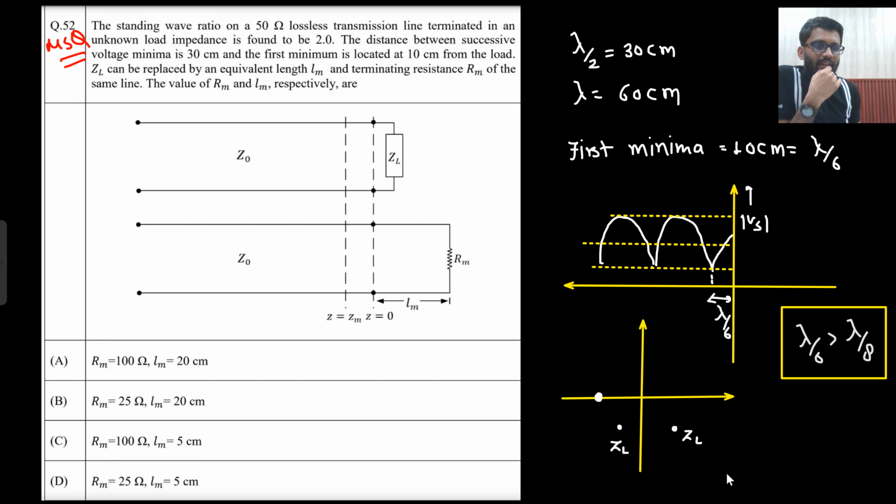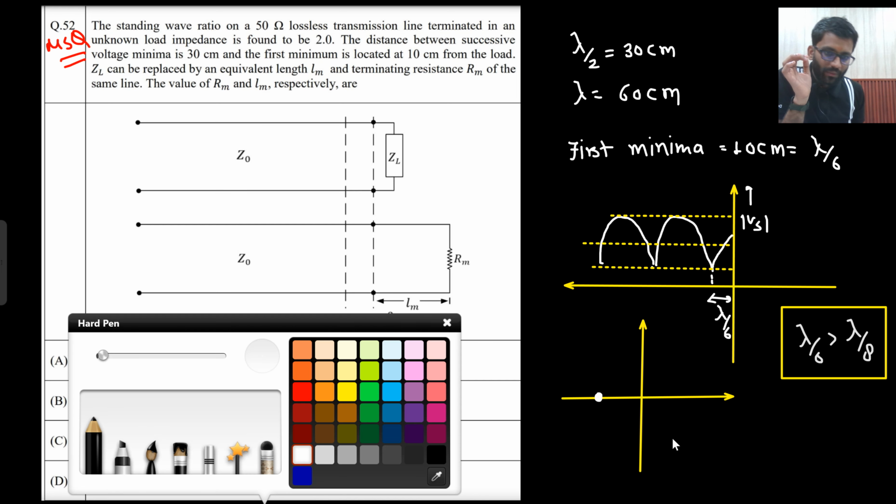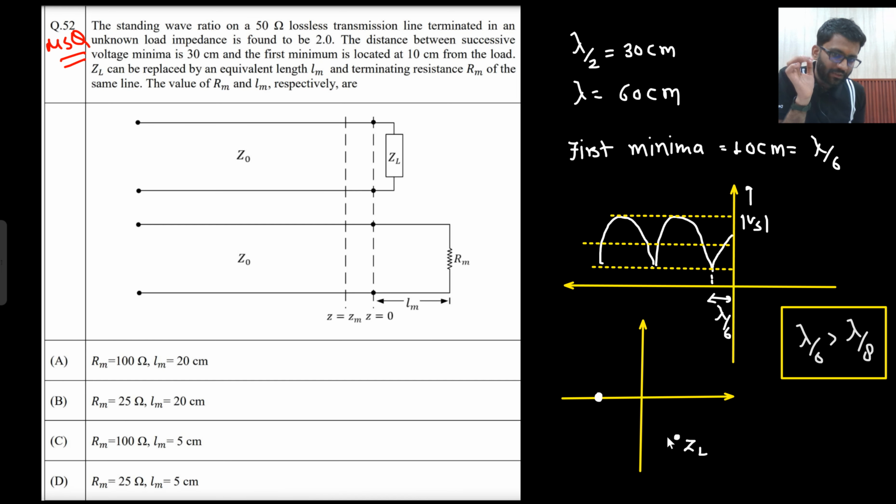If it is here, then this much distance you need to cover, because I will start walking in the clockwise direction. This distance is less than lambda by 8, but I need to cover more than lambda by 8 distance. That means my load has to be here, so I will make it a bit below. So my ZL has to be somewhere here.